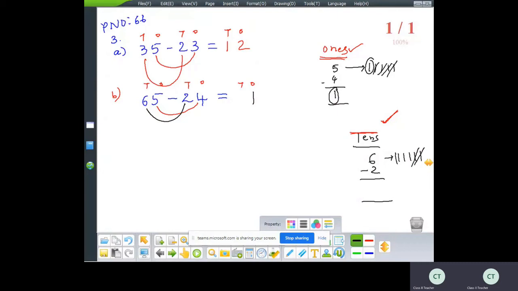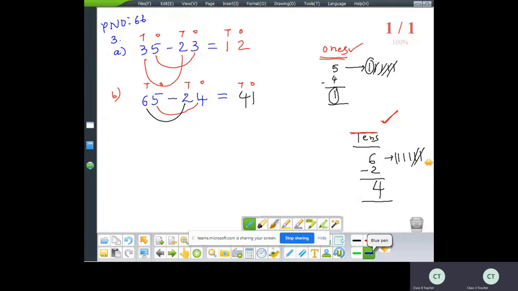After cutting 2 lines from 6 lines, the remaining lines are 1, 2, 3, 4. 6 minus 2 is equal to 4. The answer is 41. 65 minus 24 is equal to 41. This is the answer for B.